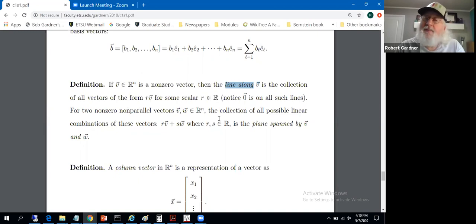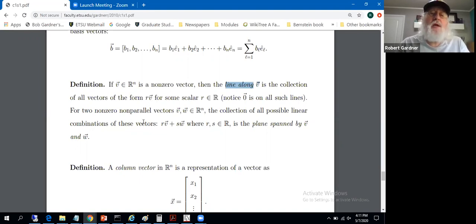So there's something related to lines, not linear combinations though. And I'd love to draw pictures. One little problem is this is happening in Rn, and I can't visualize anything beyond R3. But I can take this as a definition: a line along vector v in Rn is just the collection of all scalar multiples of vector v.